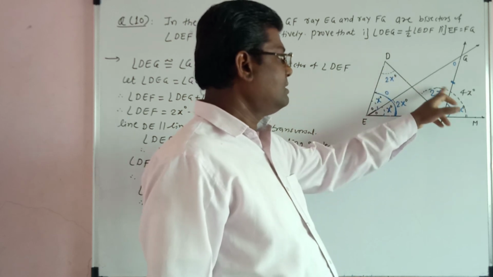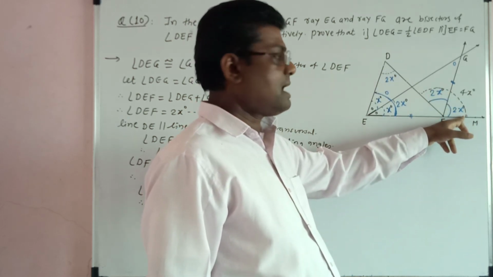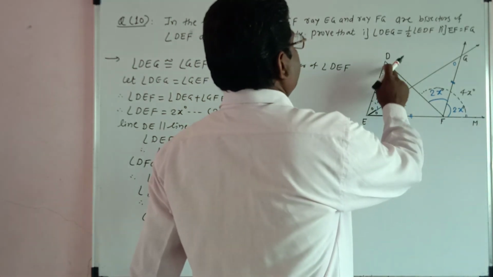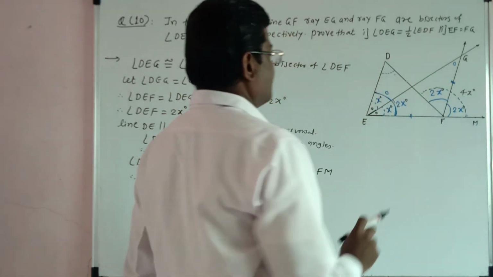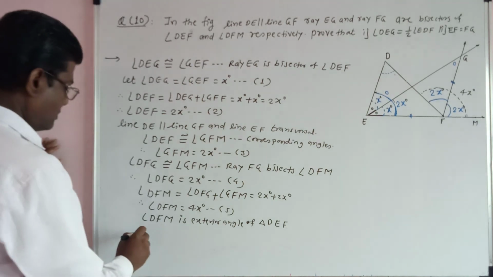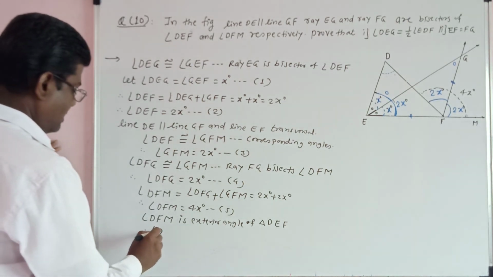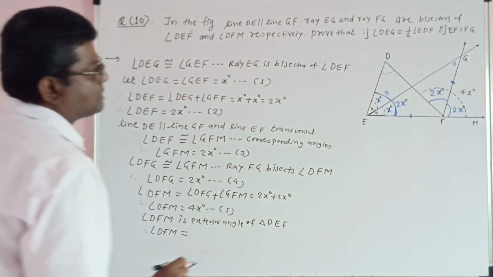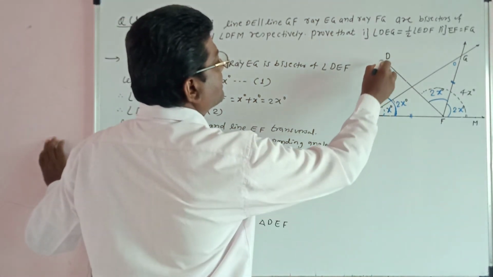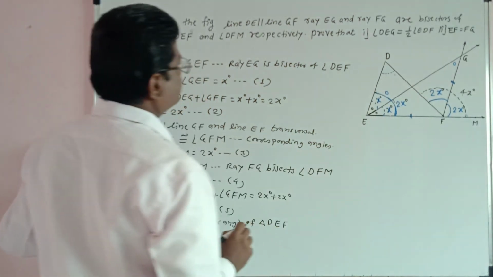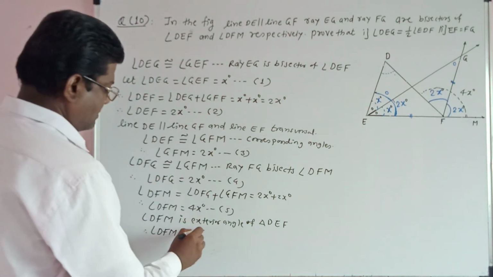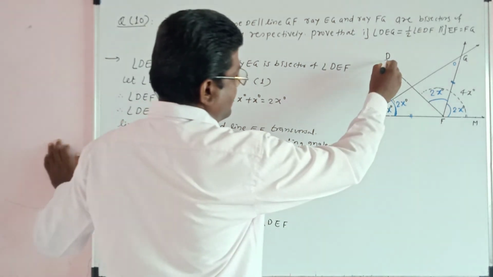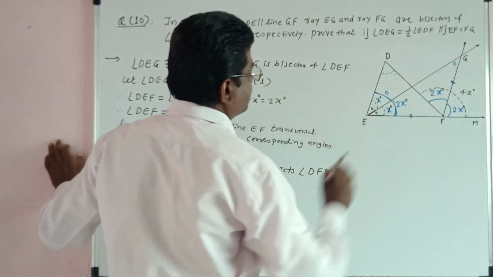So this 4x degree angle is equal to this angle plus this angle. Therefore angle DFM is equal to angle EDF plus angle DEF.